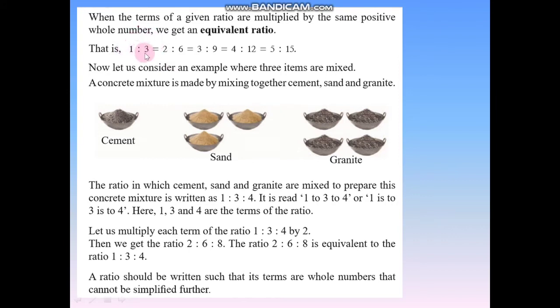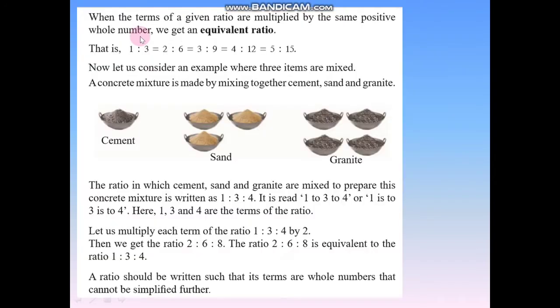Here you see 3 also. 3 is a prime number, so it has factors of 1 and 3 only. So this cannot be further divided. Actually, we can divide by 3, but 1 cannot be divided by 3. So this is the simplest ratio. We call it the simplest ratio.